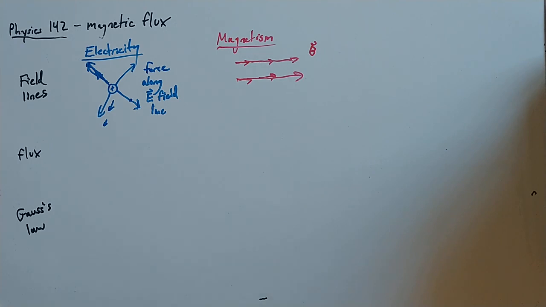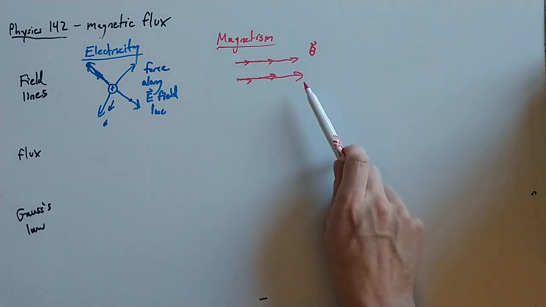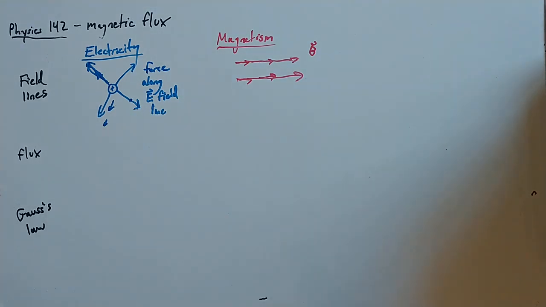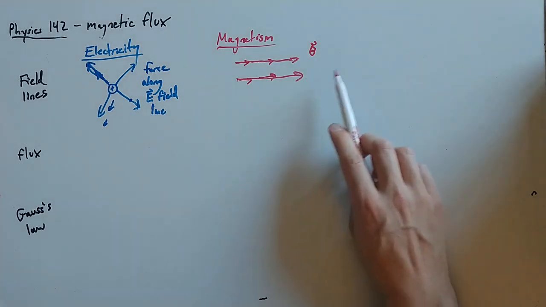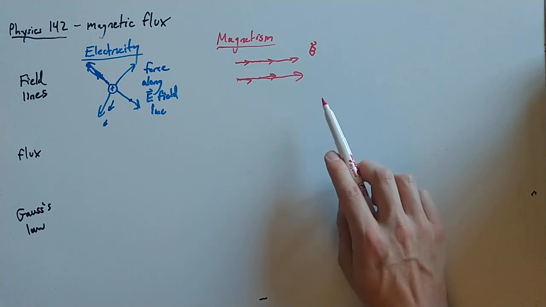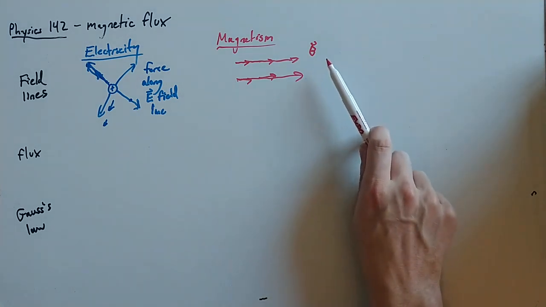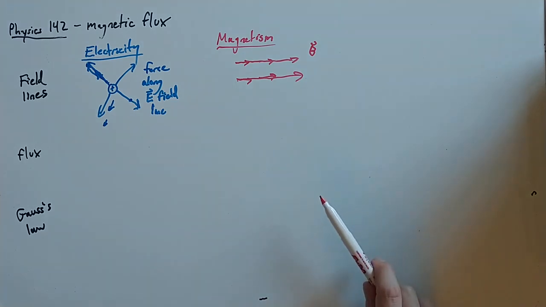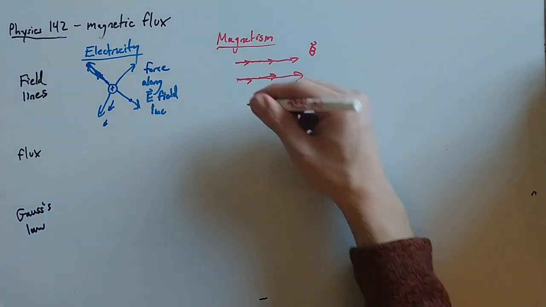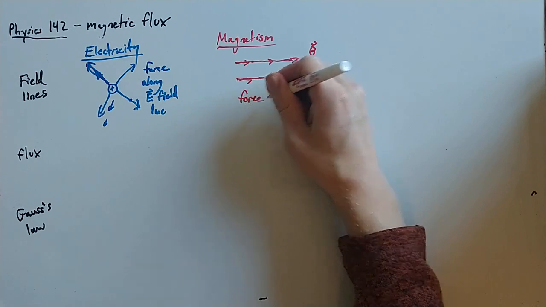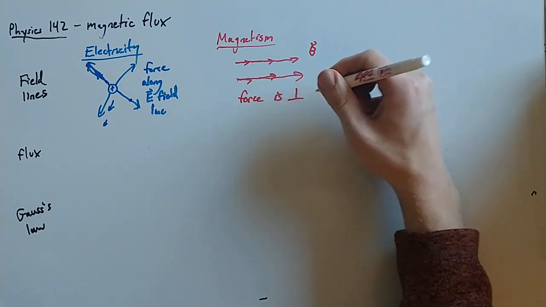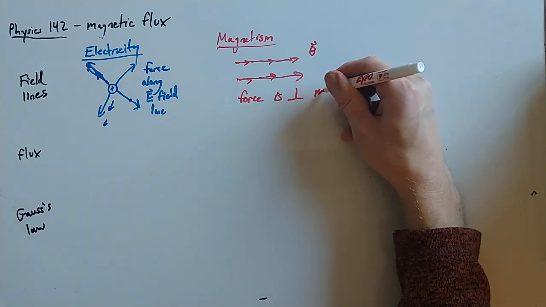However, there's an important difference in thinking about magnetic field lines versus electric field lines, and that is that the force law for magnetism involved the velocity of charges, qv, crossed with B. It had this cross product, and so that means that the force is always perpendicular to magnetic field lines.